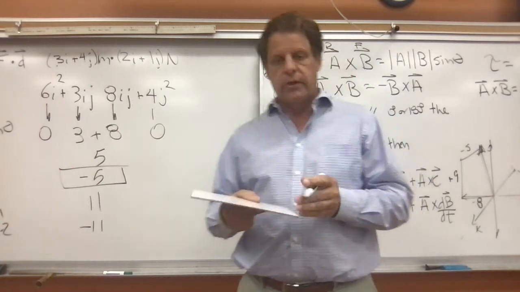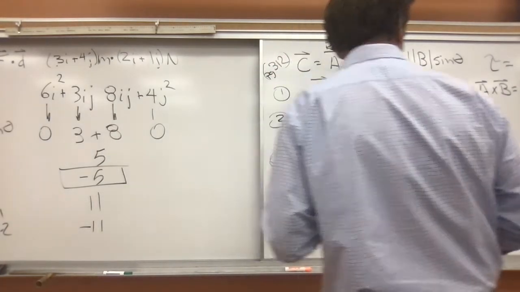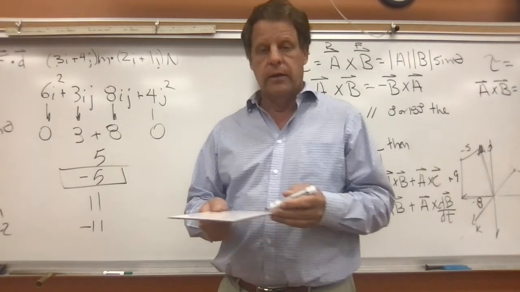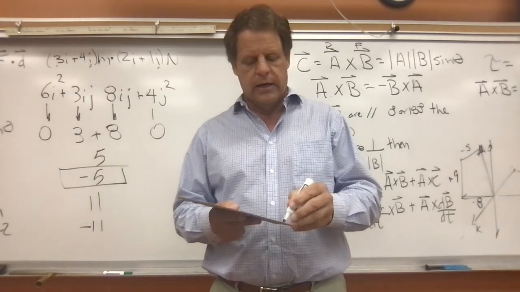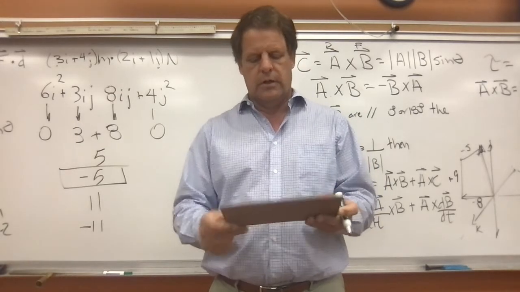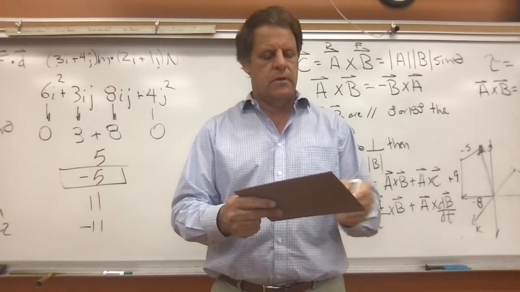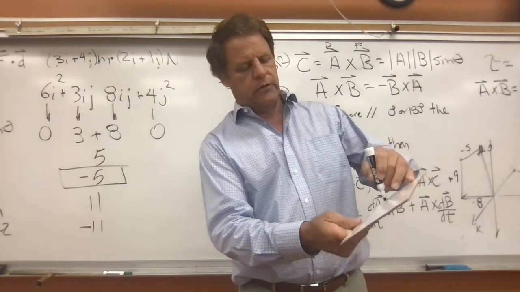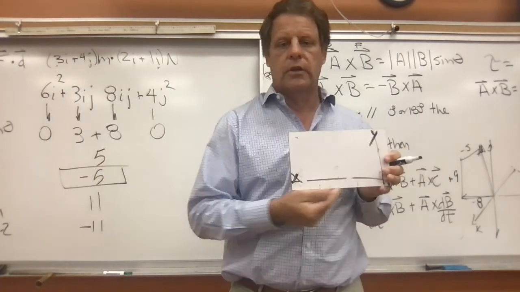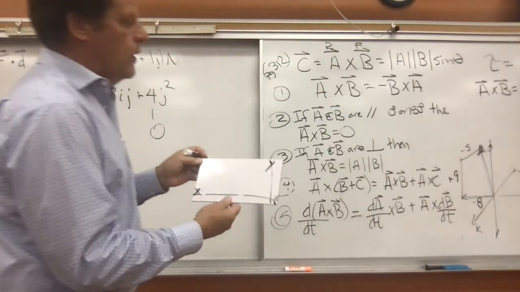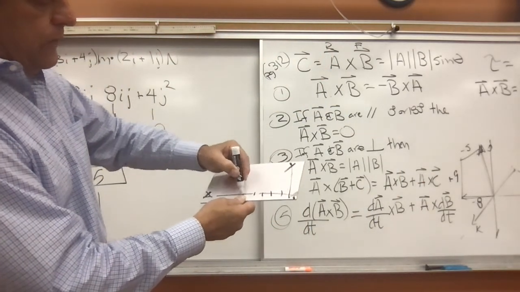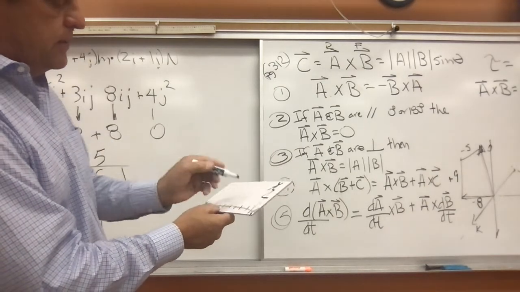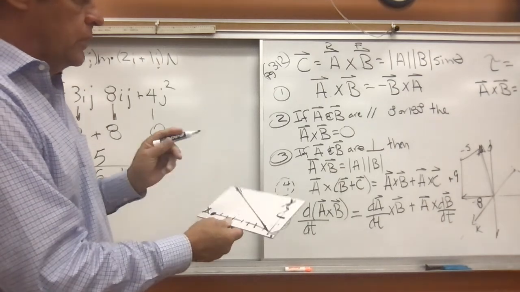If we make this our x direction and this our y direction, like so, and we count -1, 2, 3, 4, 5, 6, 7, 8, and go -9, +8, then our resultant is going to be this.